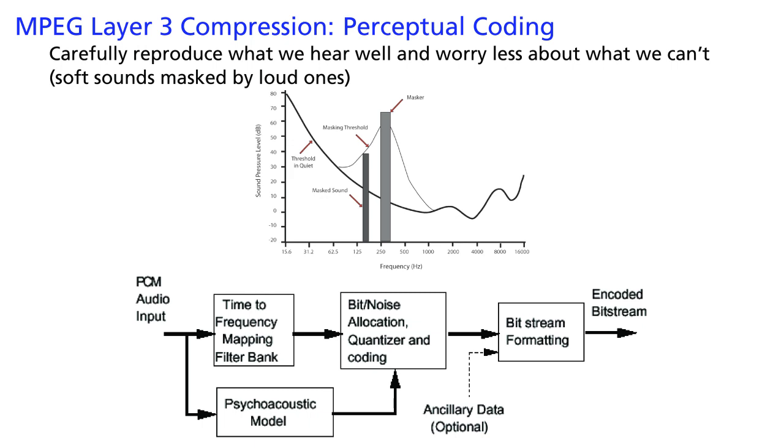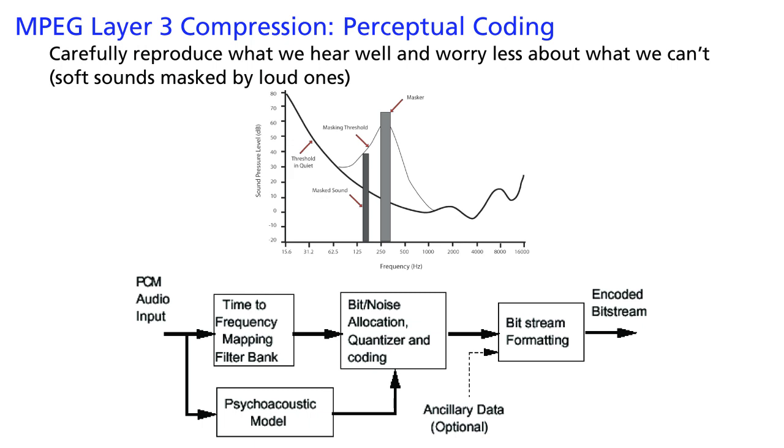Perceptual coding is now the state-of-the-art in audio compression. This is MPEG Layer 3 or MP3, which you may have heard of. This took the world by storm in the mid-90s because it could get enormous compression ratios, like 100 to 1 or 1,000 to 1, and still sound pretty reasonable. It relies on understanding the human auditory system, and in particular understanding how loud noises mask quiet noises that are similar in frequency.